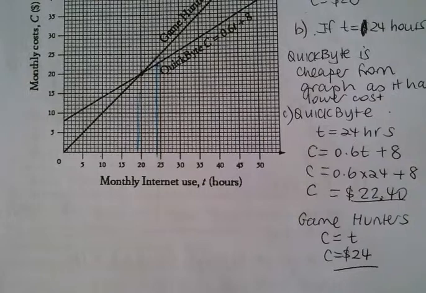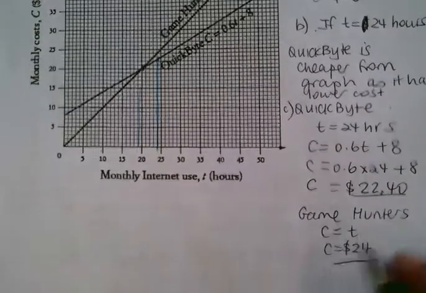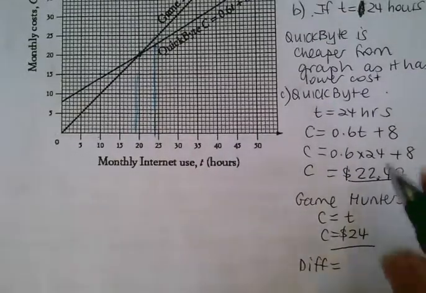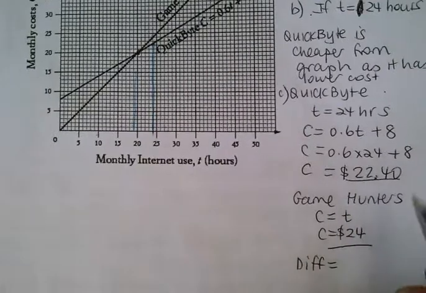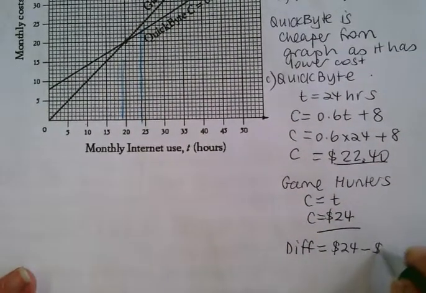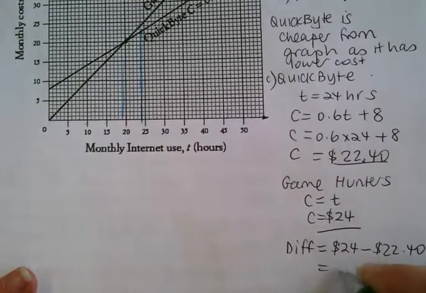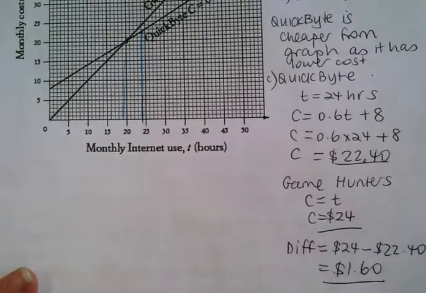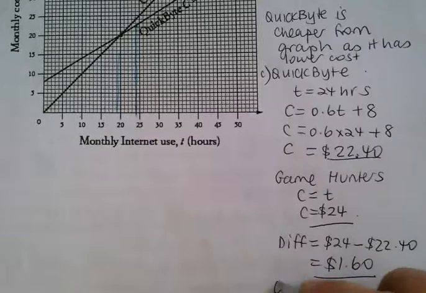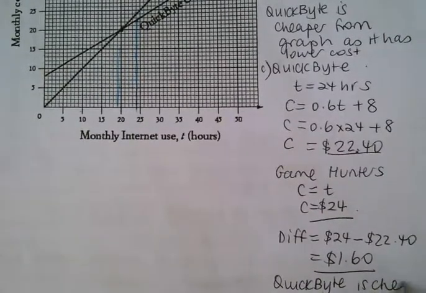Actually, the difference is between those two: 24 minus $22.40, which is $1.60. So we've worked out the cost for each, and Quick Bite is cheaper by $1.60.